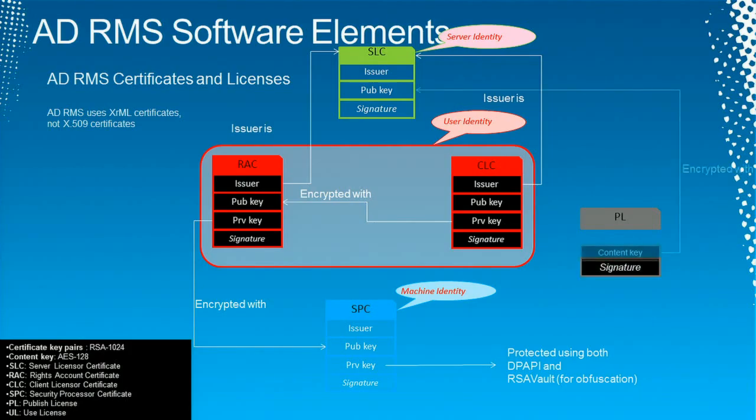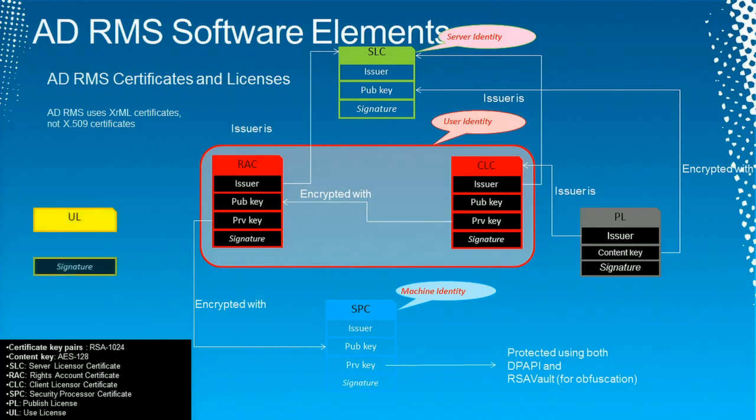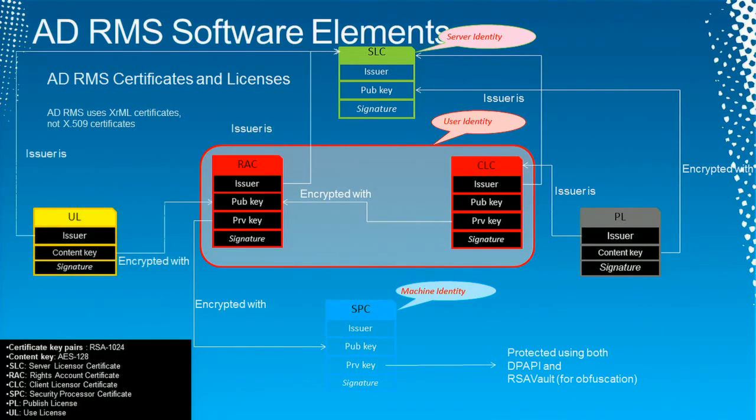Then if we take a look at the publishing license, which is essentially the PL, what's happening here is the content key is the public key of the server license or certificate. The issuer is the CLC, which is signed by the SLC. For the end user license, the issuer is the SLC again, and then you end up having the content key, which gets protected back to the public key of the user.